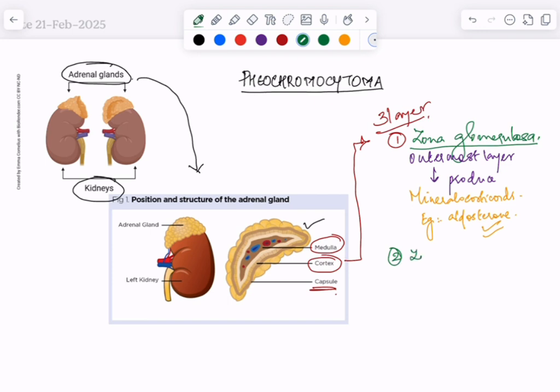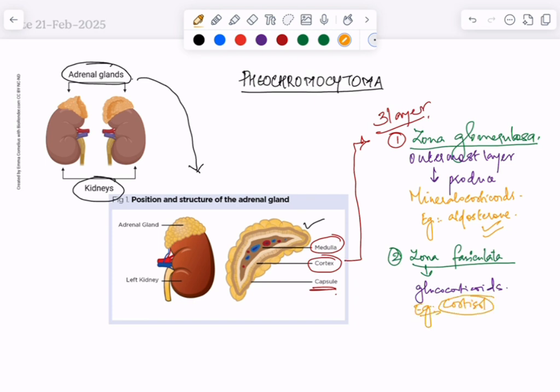Then the second layer is zona fasciculata. This produces glucocorticoids. I will give you one example for glucocorticoids also. The main example is cortisol.